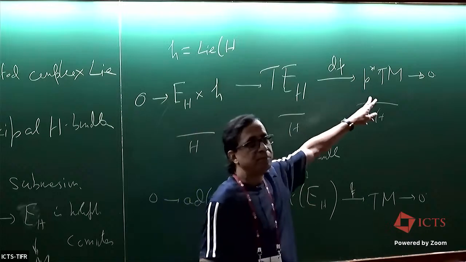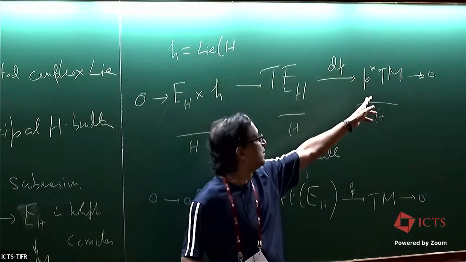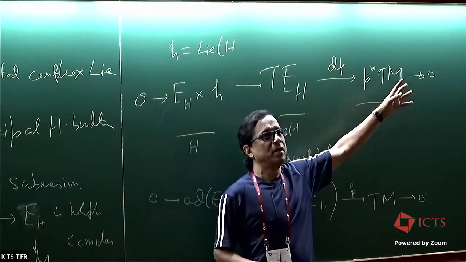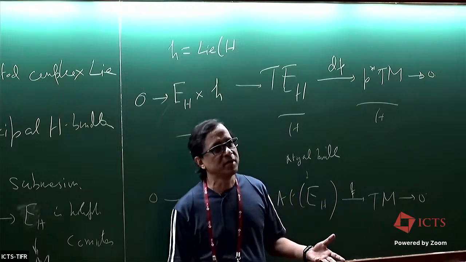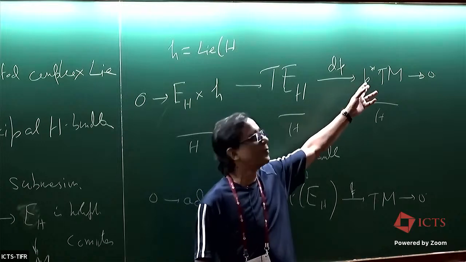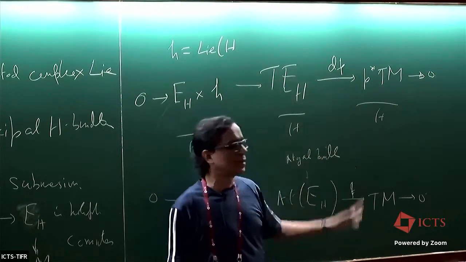This map, being a differential of a map, preserves the Lie algebra structure. The sheaf of holomorphic vector fields on M also has a Lie algebra structure, so the pullback also has one. All maps preserve the Lie algebra structure.